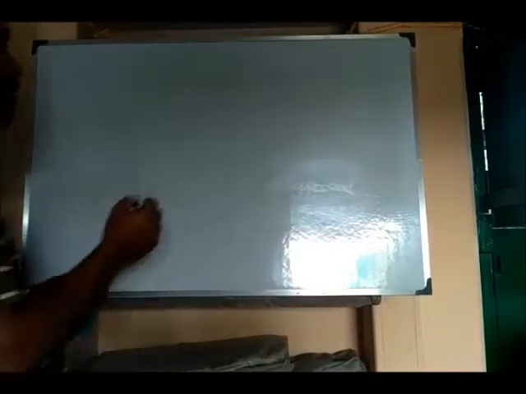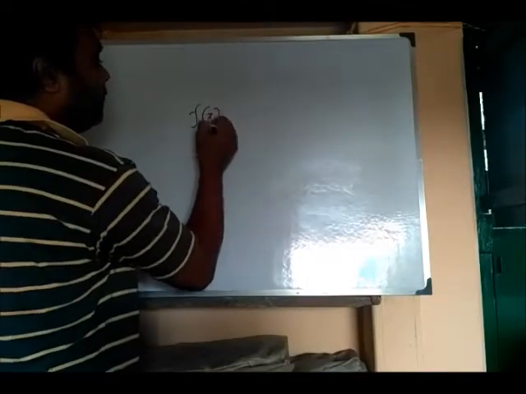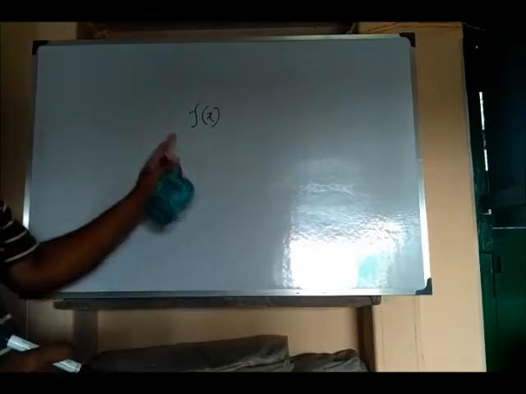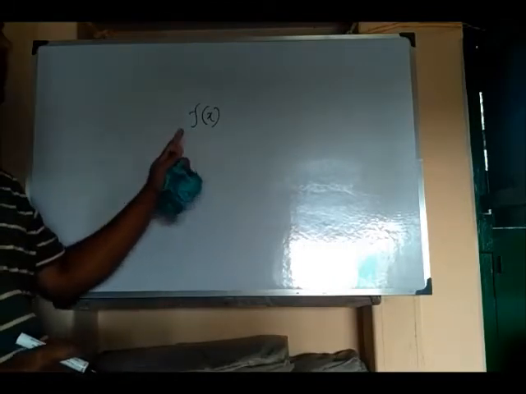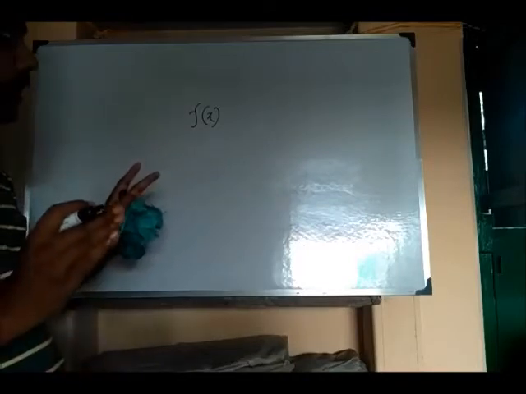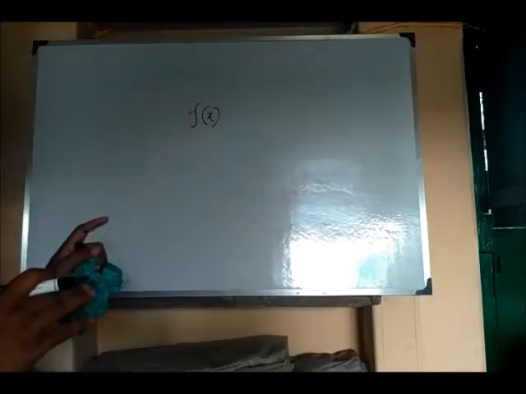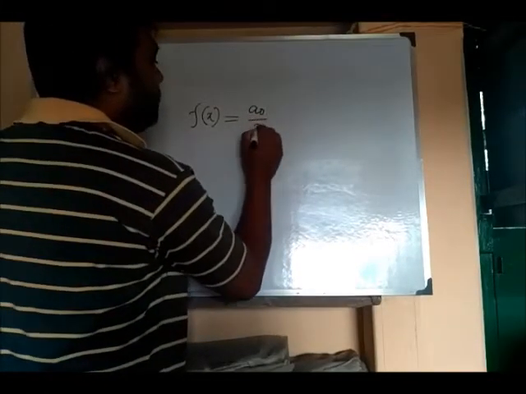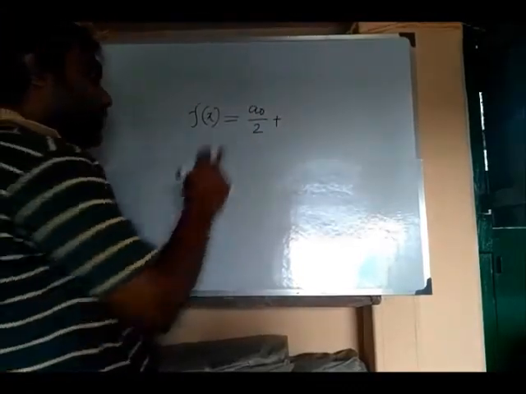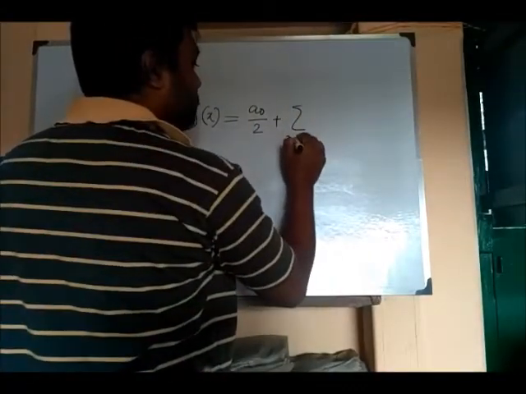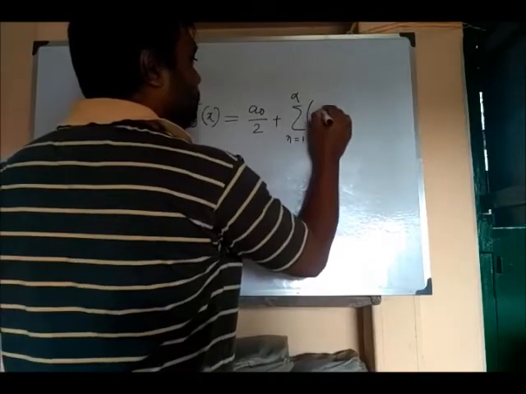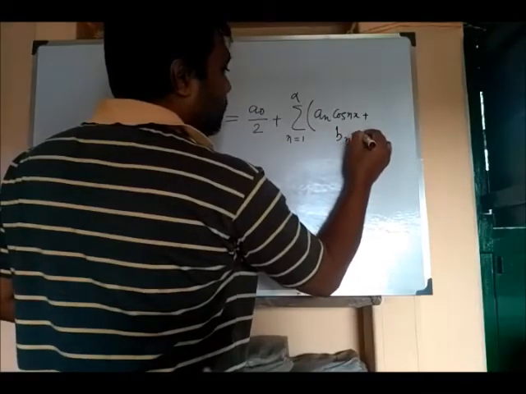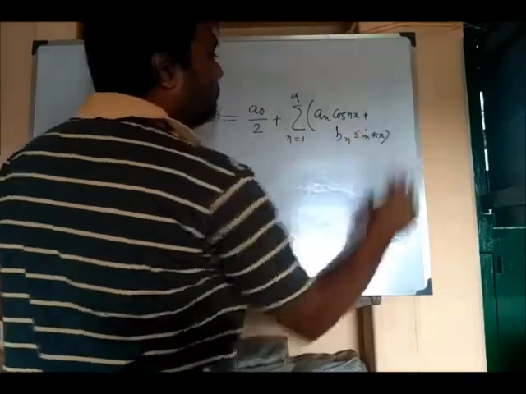If a function is well defined, periodic, and bounded in a closed interval, then within that interval this function can be represented as the sum, n equal to 1 to infinity, of an cos nx plus bn sin nx.